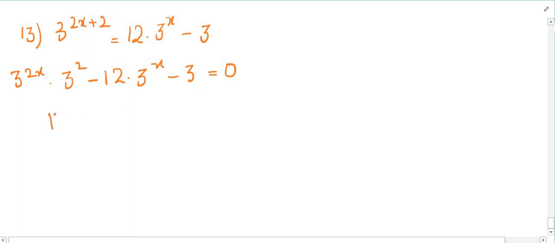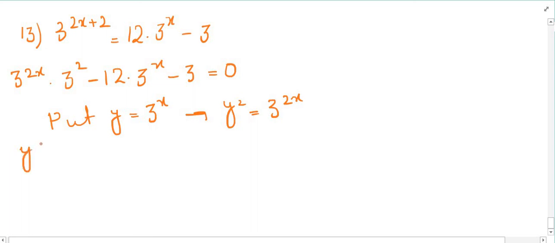Okay. Put y equals 3 exponent x, then y square is 3 to the 2x. This becomes 9 y square minus 12y plus 3 equals 0.